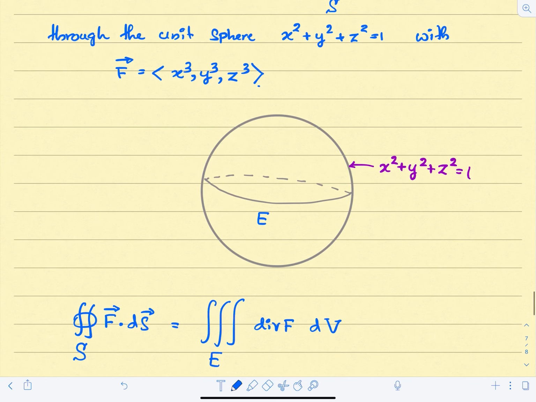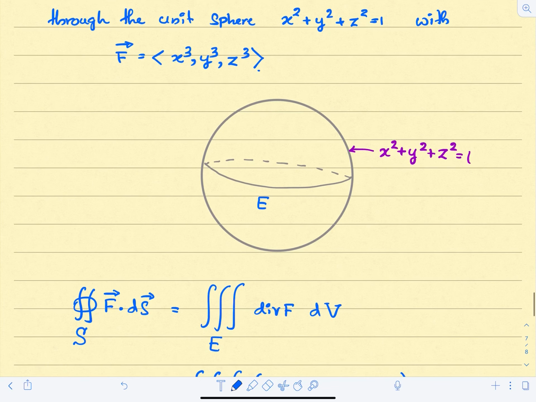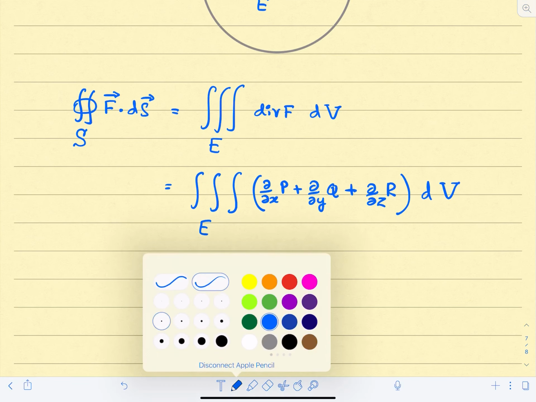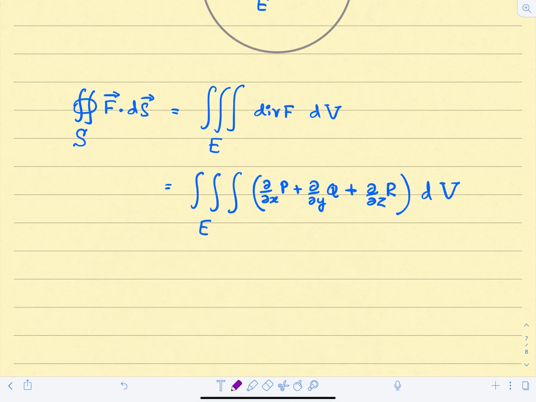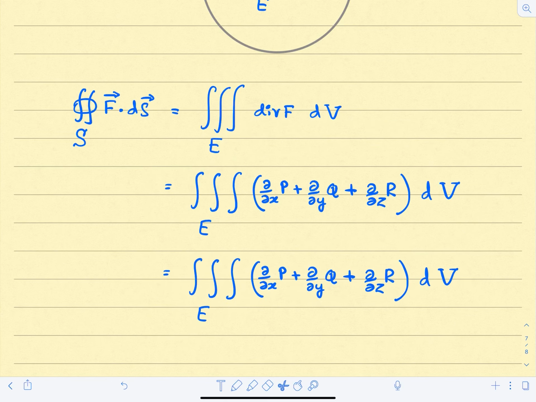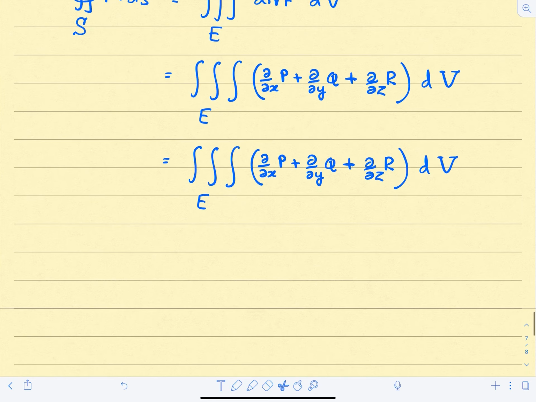Now our vector field F is x cubed, y cubed, z cubed. So this should be partial over partial x of x cubed plus partial over partial y of y cubed plus partial over partial z of z cubed.